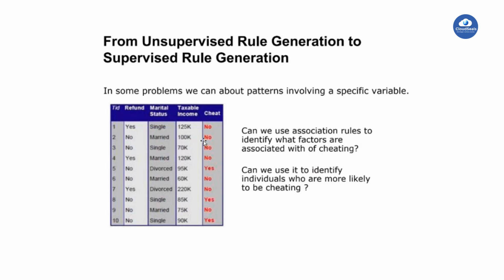Coming to the 100, 100 is no. So here the class changed again, so we take one breakpoint at 95. Again check 100, 125: both are no. 120, no. 220, no. So after 220 again we'll put one breakpoint.